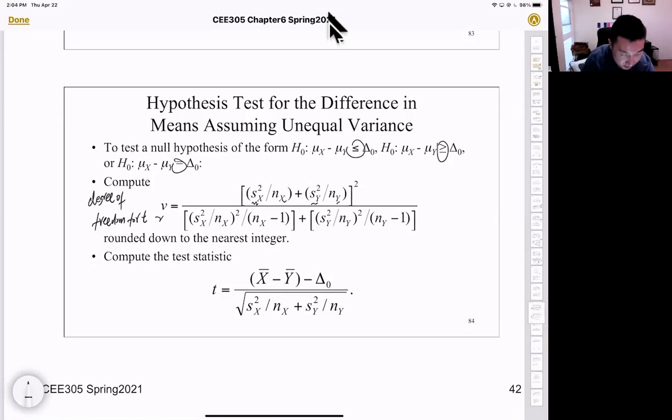We calculate the degree of freedom V and round down to the nearest integer. We have done similar things before.